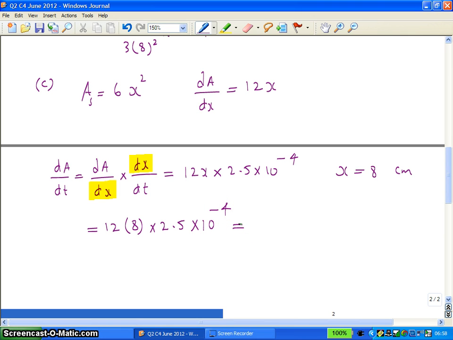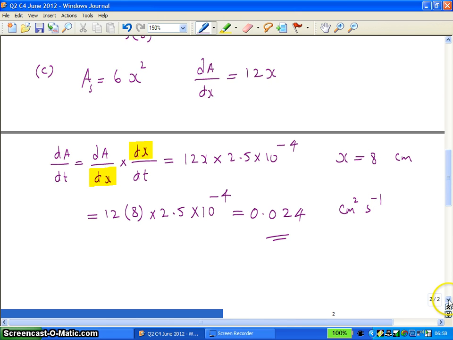Again, if you do that on the calculator, we're going to get dA/dt equal to 0.024 centimeters squared per second. Okay, so that's part C.